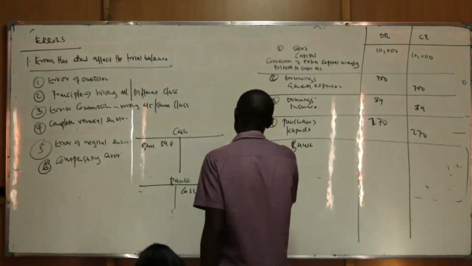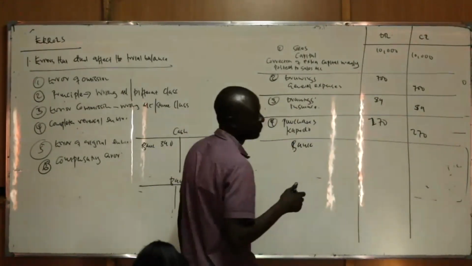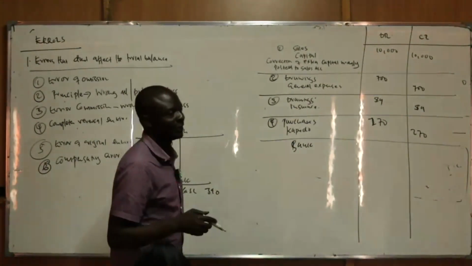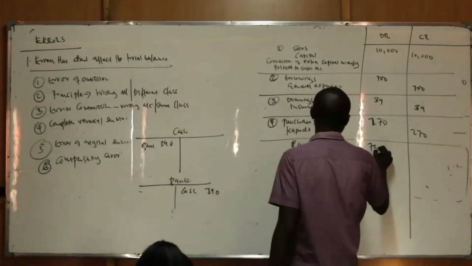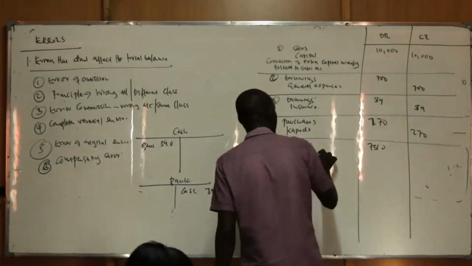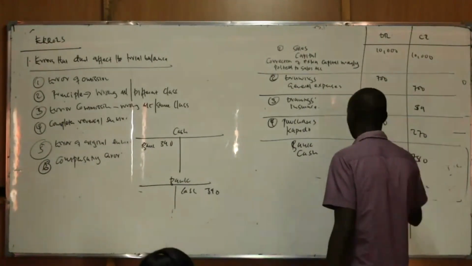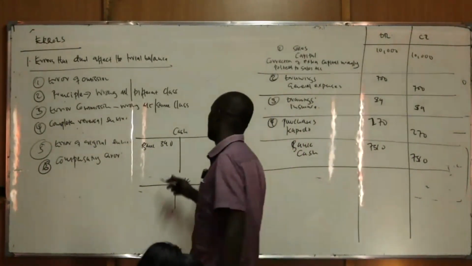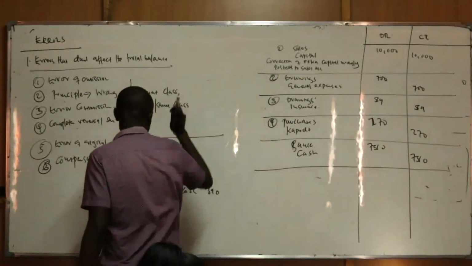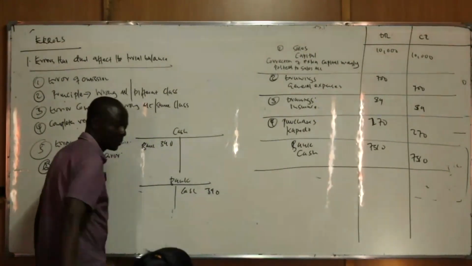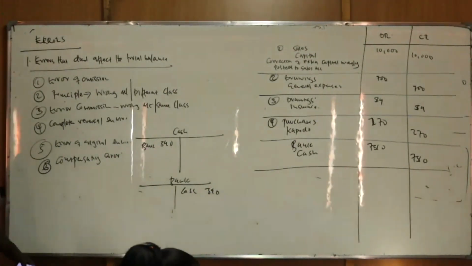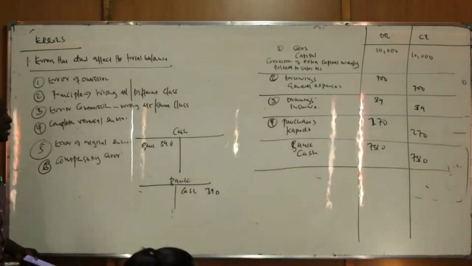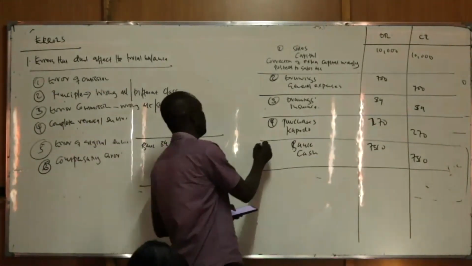How much? 390 times 2? 780. And we also do the same to cash, 780. Being correction of cash bank erroneously debited to the cash account and credited to the bank account. Error of complete reversal. That is number 5.